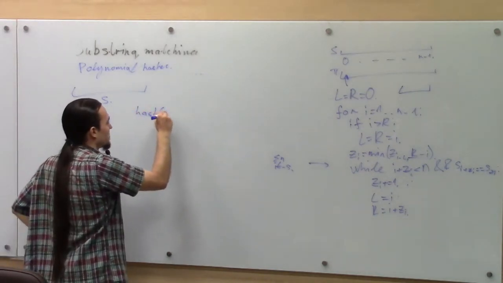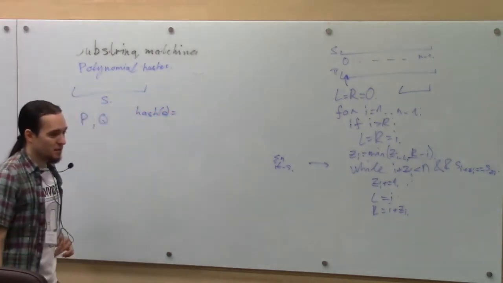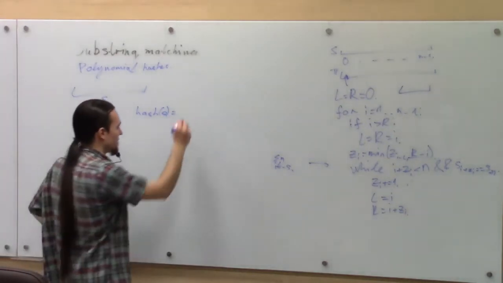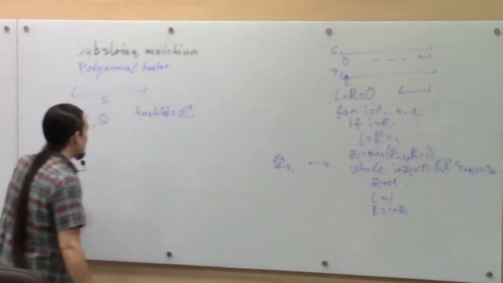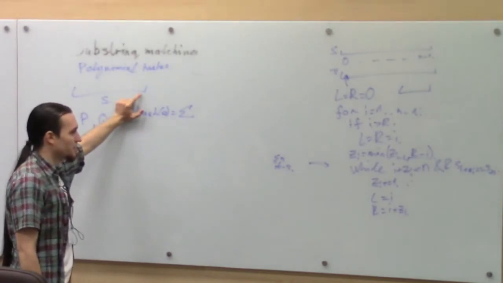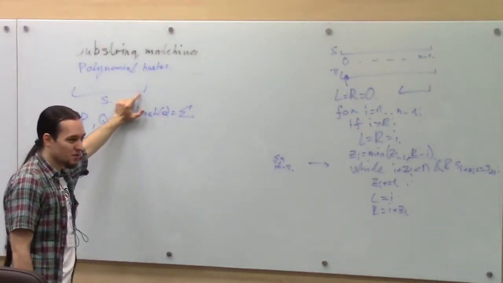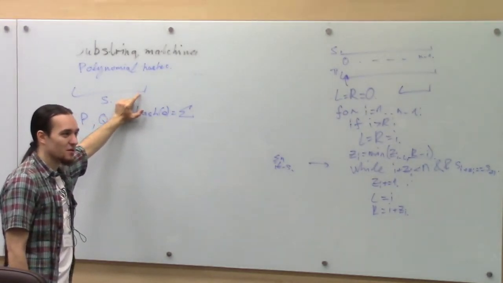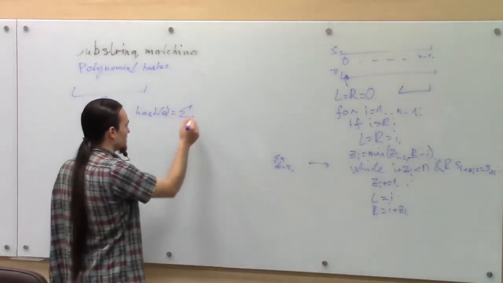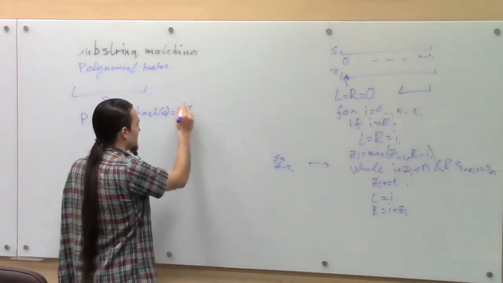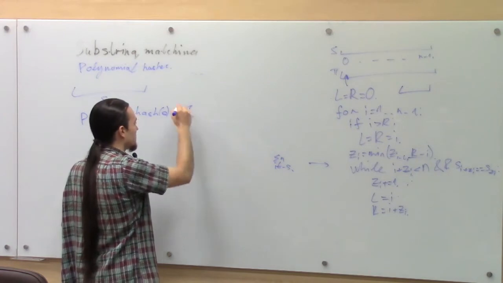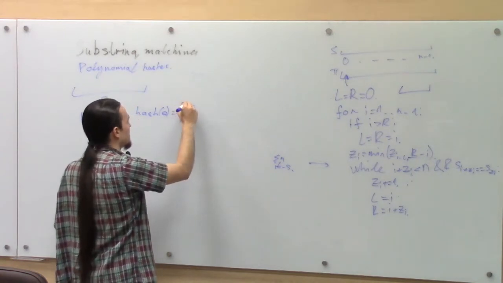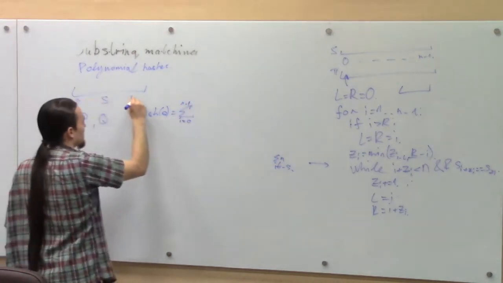There are a few ways to compute hashes, but the one I find the most convenient is when the last character of the string corresponds to the lowest digits. So we are going sum from i equals 0 to n minus 1, if this is numbered from 0 to n minus 1.